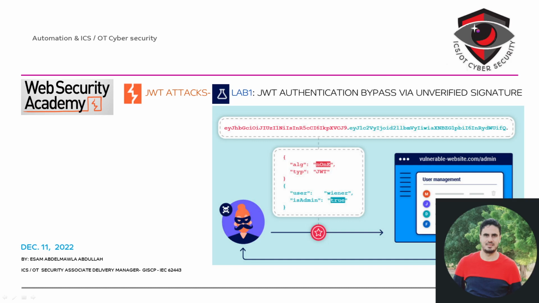So in the next sessions, we will have some more advanced attacks. There is a little bit of verification, and we will understand how we can bypass even those verification methods as well.